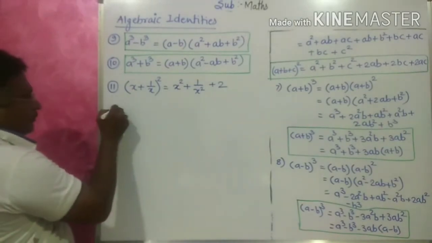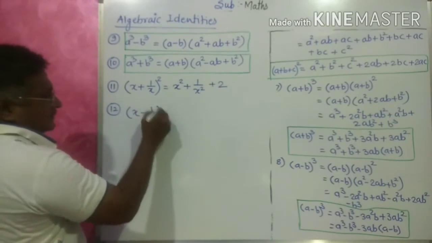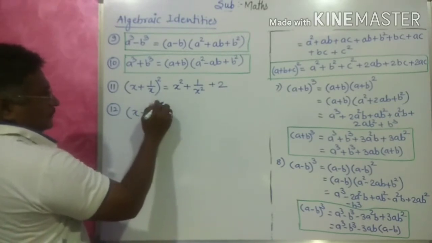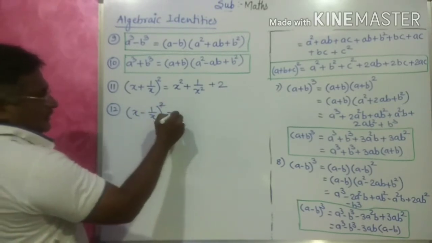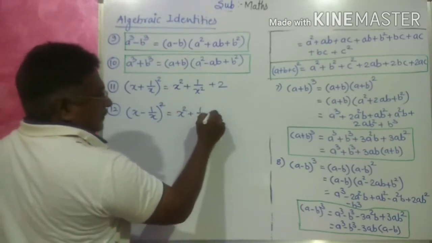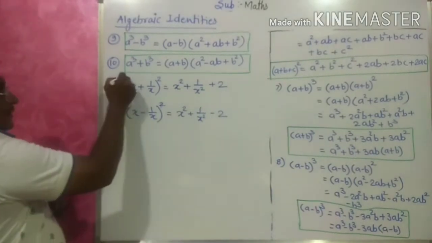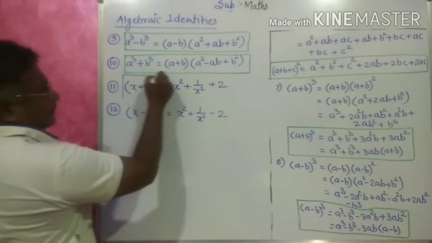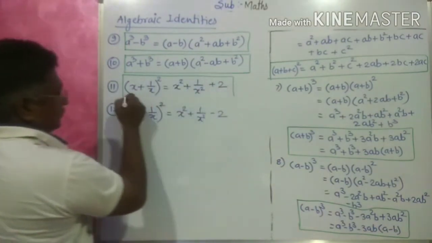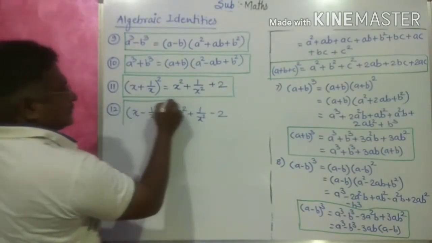In the same way, x minus 1 by x whole square is x square plus 1 by x square minus 2. So these two identities I gave in the first lesson, and we wrote them here also.